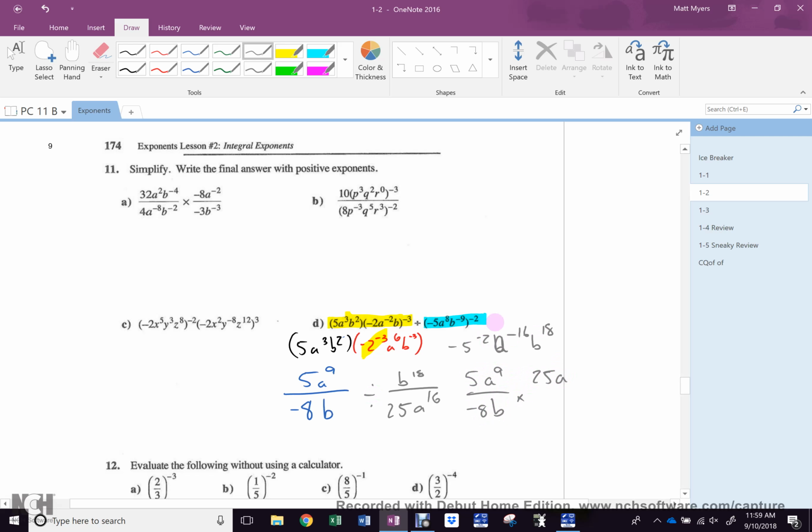Make sure I did that right. Yep. Over, where was I? B to the 18th. Yep. And then we sort it out. It's 125 a to the 10th over negative 8 b to the 19th.